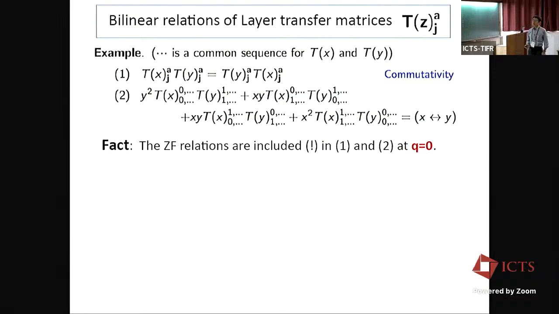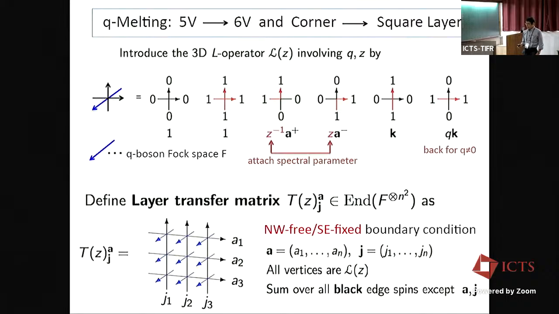The ZF relations are included in these two cases if you specialize Q to 0. So when you specialize Q to 0, this southeast triangle part is frozen effectively, and you are left with a corner transfer matrix of triangle shape. That happens when Q equals 0.